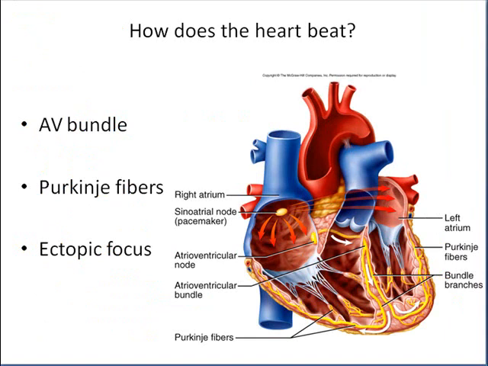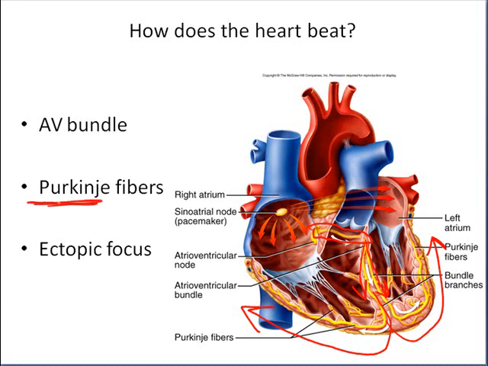Now, I said next to the atrioventricular node, the next thing we have is the AV bundle. That's this structure right here that leads from the AV node. So the AV bundle then splits off, as I said, into the left and right bundle branches. And those bundle branches wrap up around the ventricles and they spread out into a network of smaller conducting pathways called the Purkinje fibers.